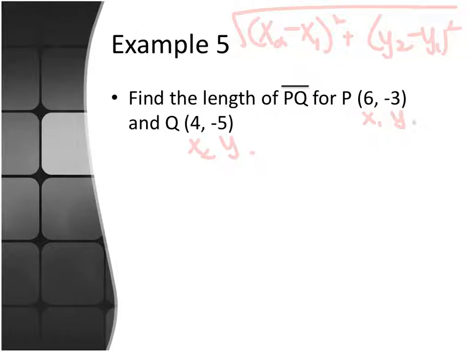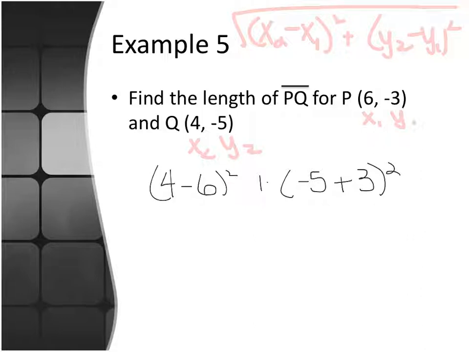I am now going to replace all of these x's and y's into the formula. So I'm going to write 4 minus 6 squared plus negative 5 minus negative 3, which is really plus 3, squared, all under the radical.